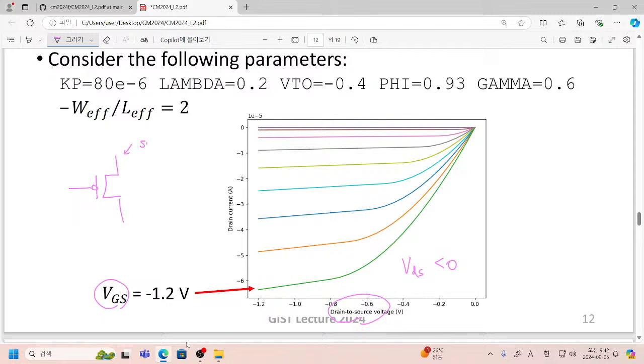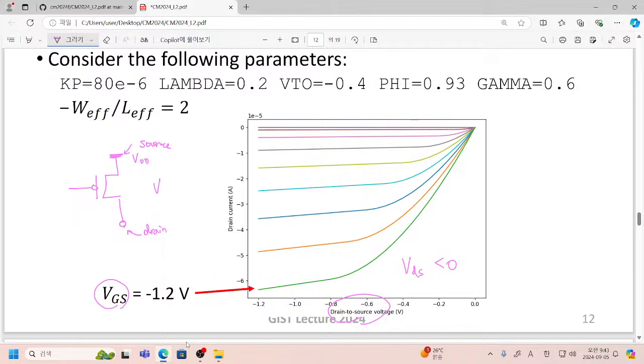This is the source of your PMOSFET, and this is the drain of your PMOSFET, and usually this source is connected to VDD or something similar. If it is not the case, in many cases your source voltage is higher than the drain voltage.